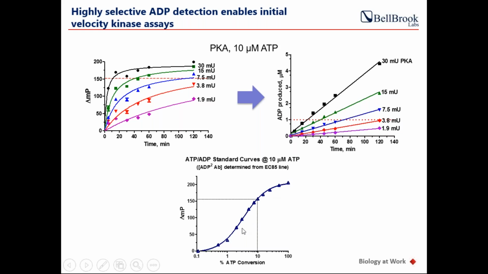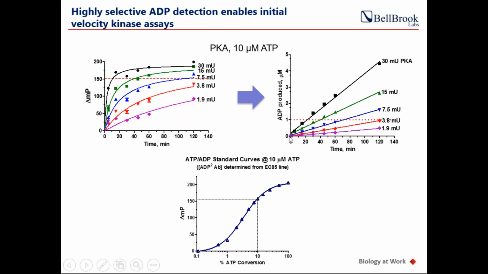So a standard curve for ATP conversion, we start with the initial concentration of ATP, in this case 10 micromolar, and then we add ADP and decrease ATP proportionately. So it essentially is mimicking an enzyme progress curve, the conversion of ATP to ADP.